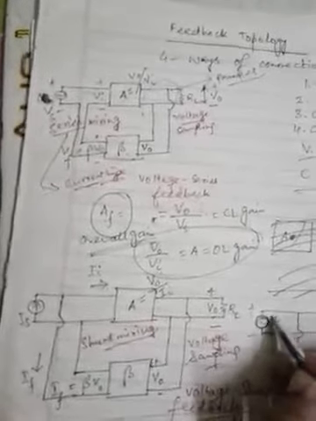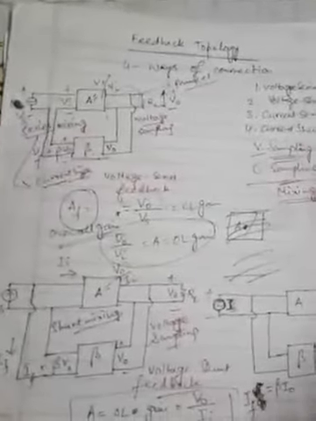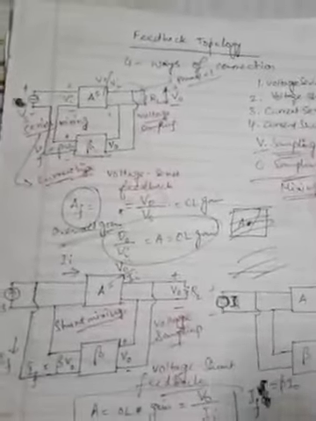and let this source be taken as a current source, not a voltage source. I am changing this a little bit. This is taken as a current source, not as a voltage source, as I mentioned a little while earlier.